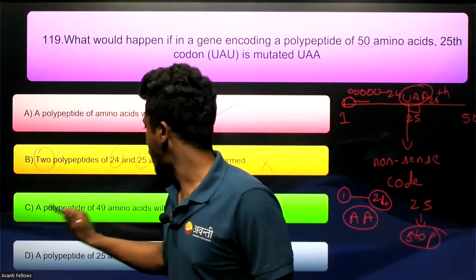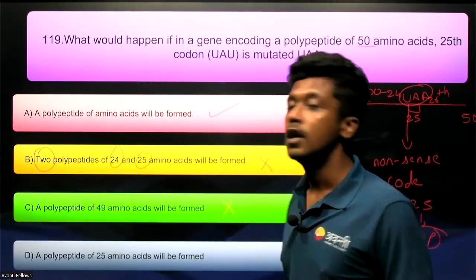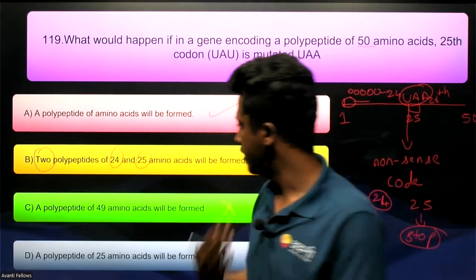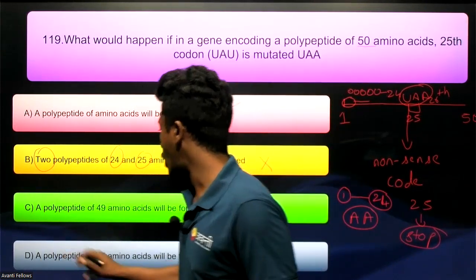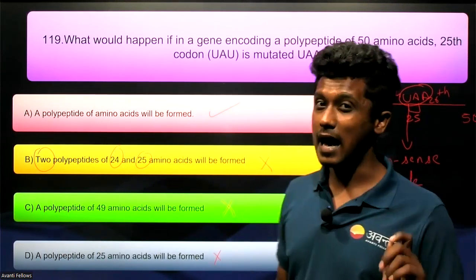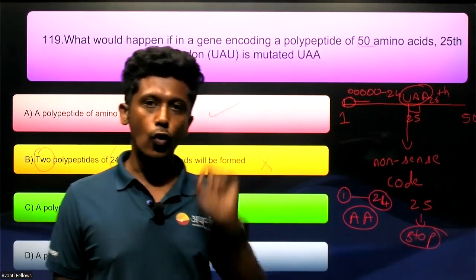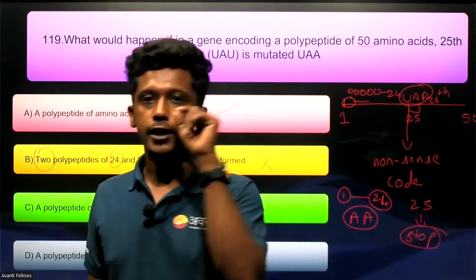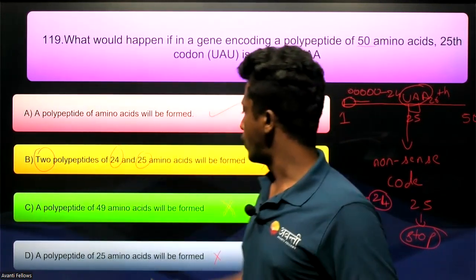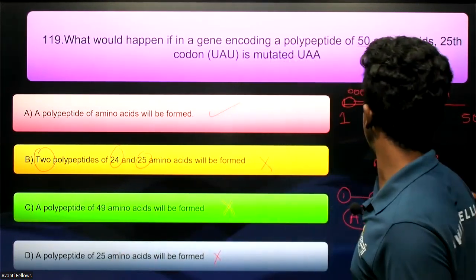A polypeptide of 49 amino acids will be formed: this is also wrong because it is terminating in the middle. A polypeptide of 25 amino acids will be formed: this is also wrong because the last codon, UAA, does not code for any amino acid. So 25 amino acids is impossible, and we can get only 24 amino acids.